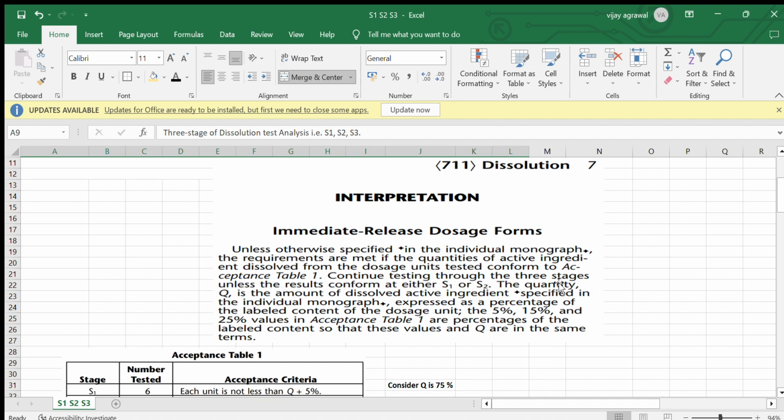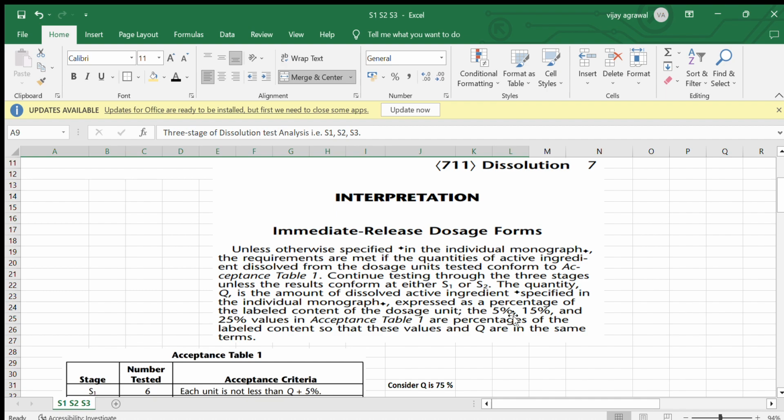Continue testing through the 3 stages unless the results conform at either S1 or S2. The quantity Q is the amount of dissolved active ingredient specified in the individual monograph, expressed as the percentage of the labeled content of the dosage units.